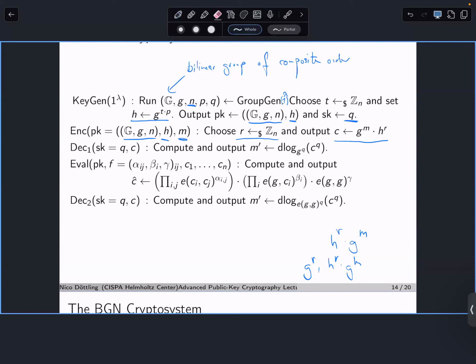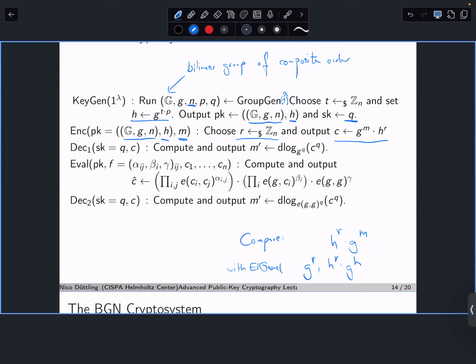And here, for this type of composite order group, we're not having vectors of group elements. This would be El-Gamal here, compare with El-Gamal. Good. Okay. And yeah, so ciphertexts look even simpler than El-Gamal ciphertexts, right? Just because we're using, let's say, a group with a little bit more structure.